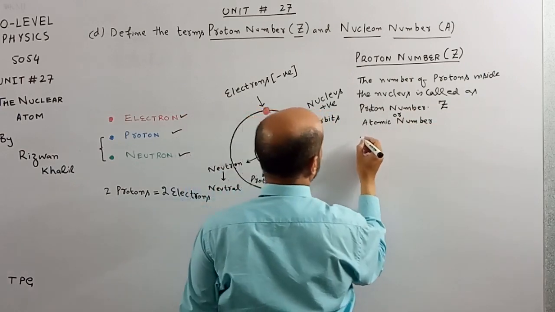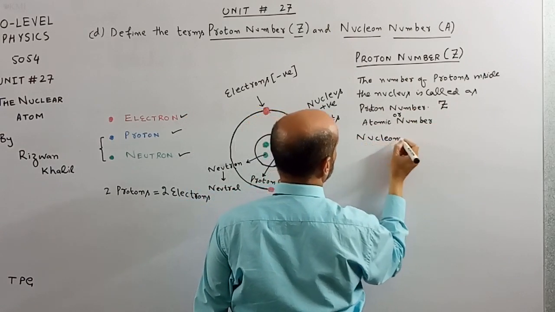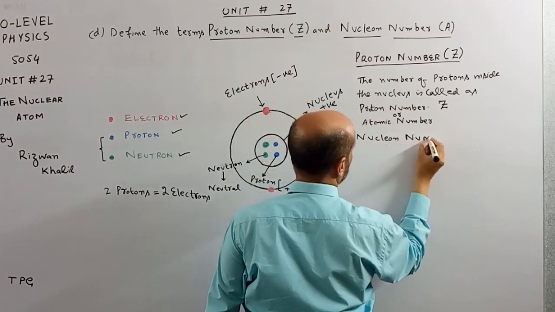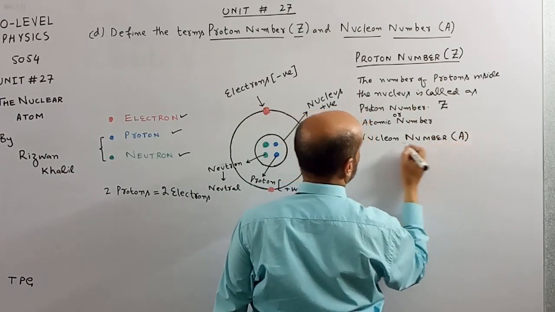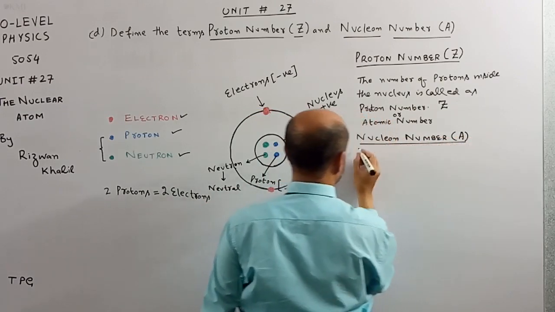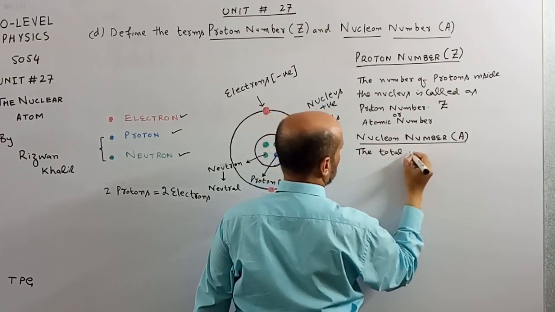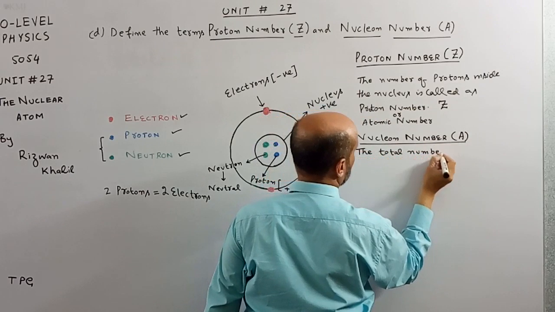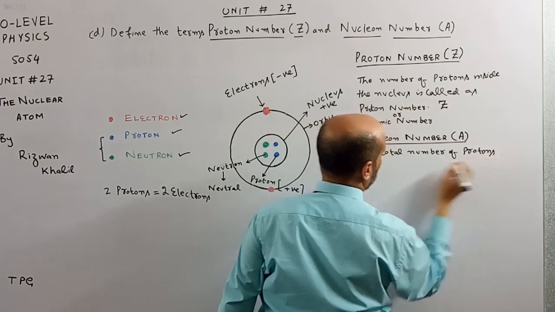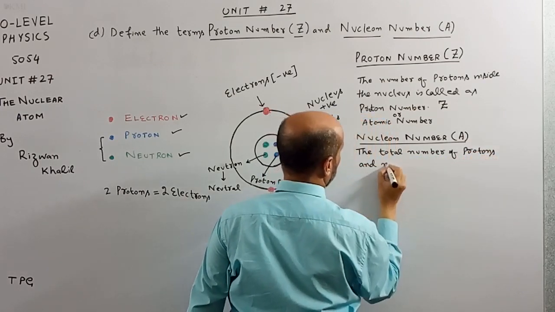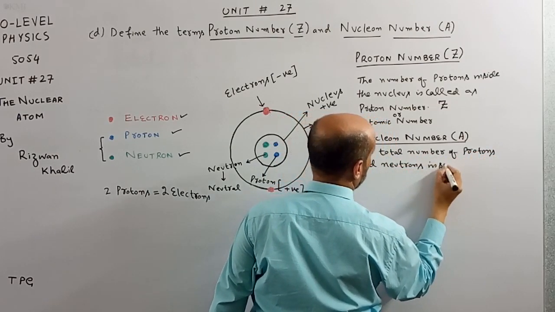While the definition of nucleon number is the total number of protons and neutrons inside the nucleus.